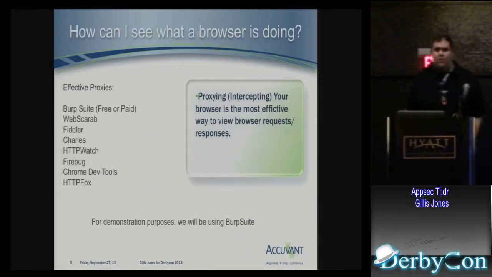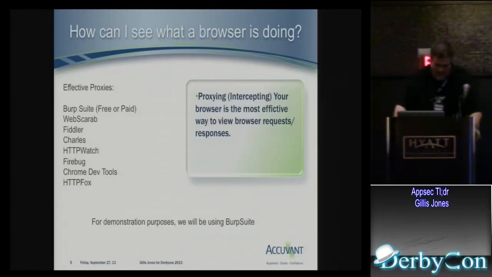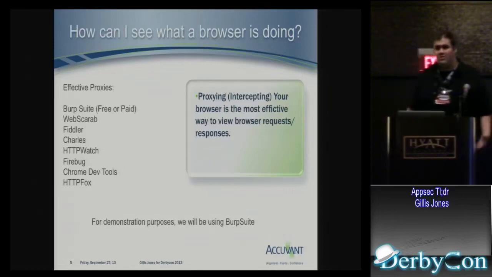It's the most effective way to actually view requests. There are others. You can use Wireshark if you want to. You can leave your friends behind, but if you don't proxy, you ain't no friend of mine. So for the presentation, anything that I show you, we'll be using Burp Suite.